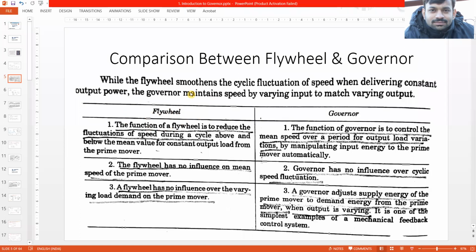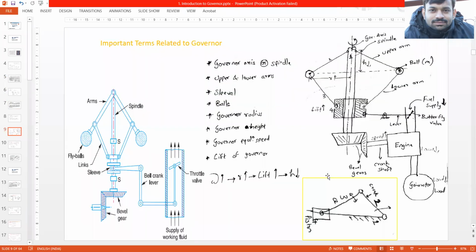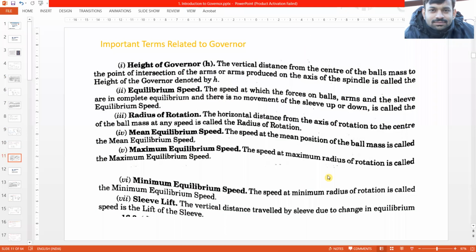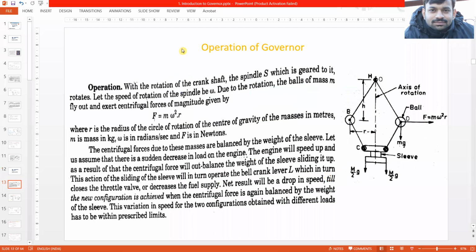A flywheel works for the cyclic fluctuations, and a governor works when there is fluctuation due to some external factor, right? Change in load due to uneven reasons. Okay, so this is what we discussed in previous classes. Now in this class, we are going to start with the operation of the governor, that is, how a governor operates.